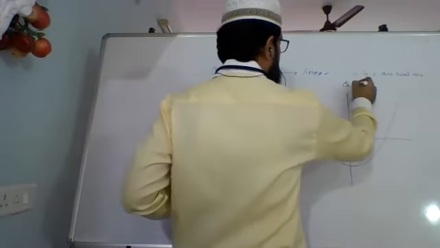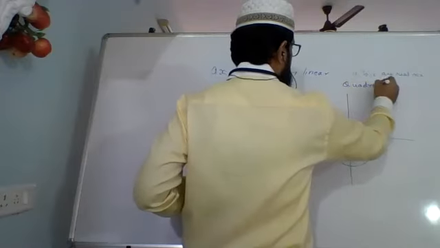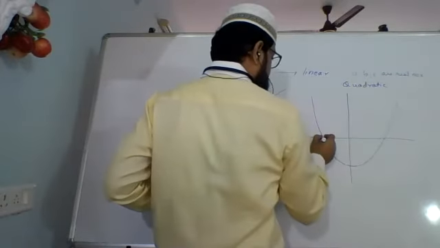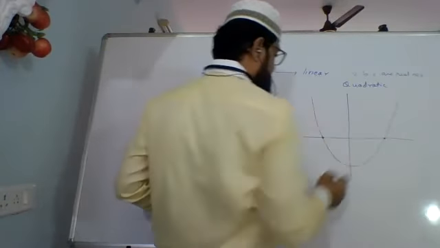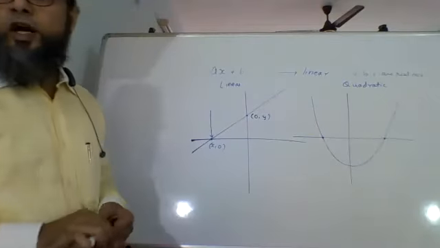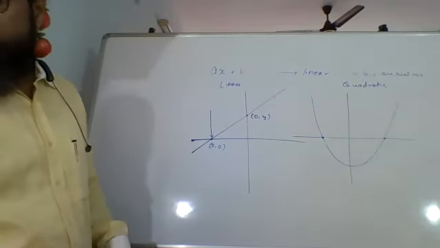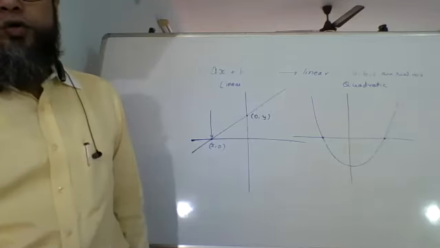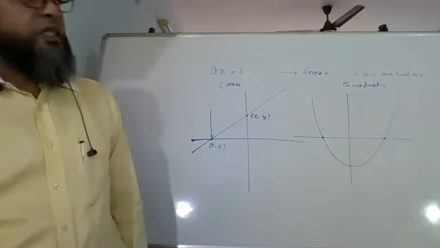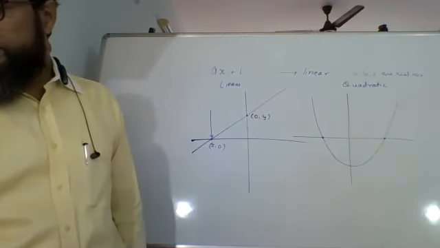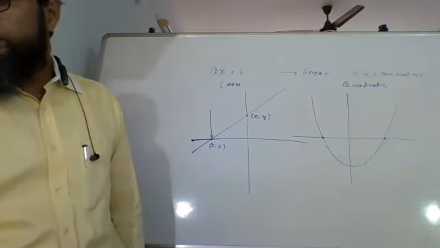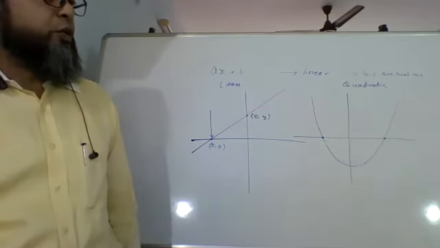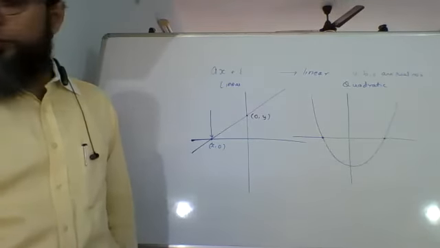Here you will see it is cutting the x-axis in two places. That's why you will have two zeros of the polynomial, because it is cutting the x-axis at two places. That is in case of a quadratic equation.